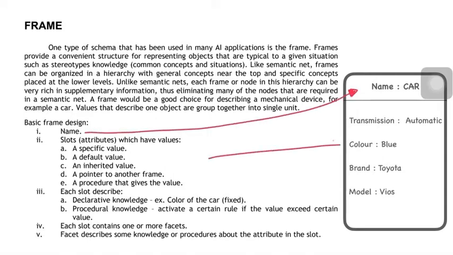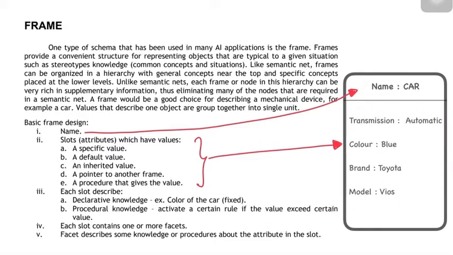A basic frame design will have these two most important pieces of information. The first one is the name. In this case, the name of this object is car. This object is represented in a frame with the name car and some attributes.